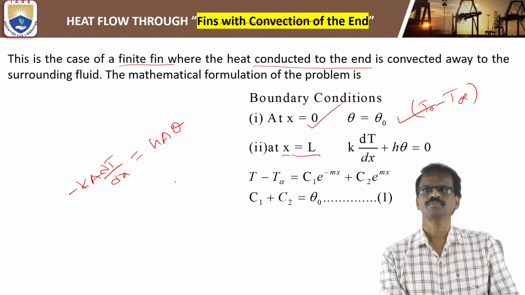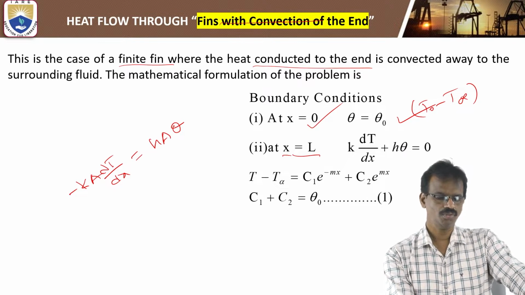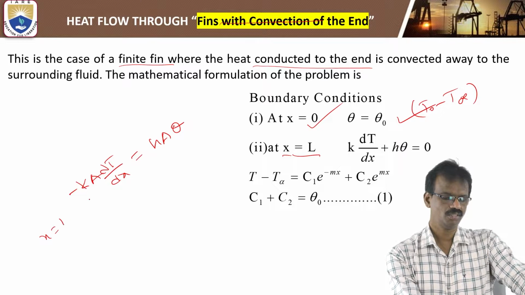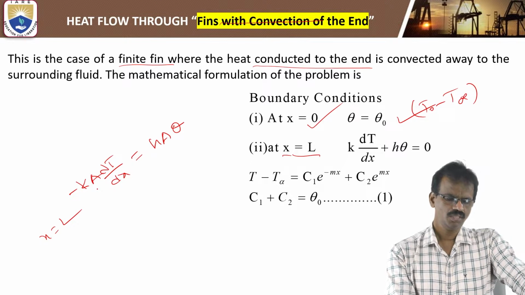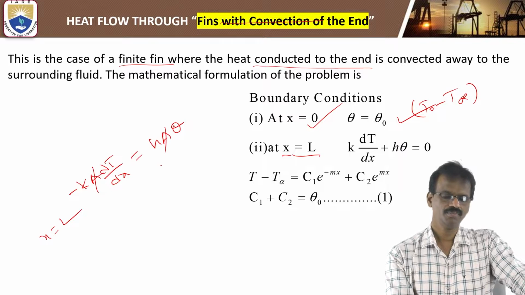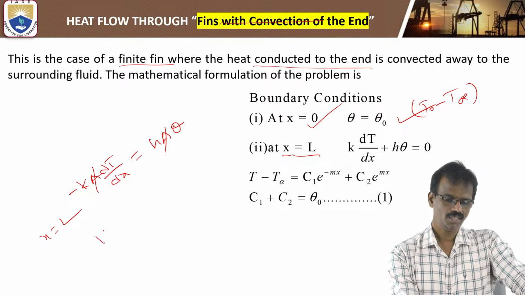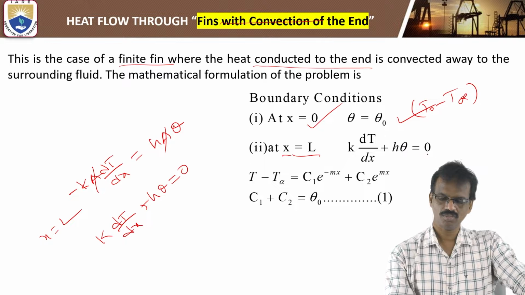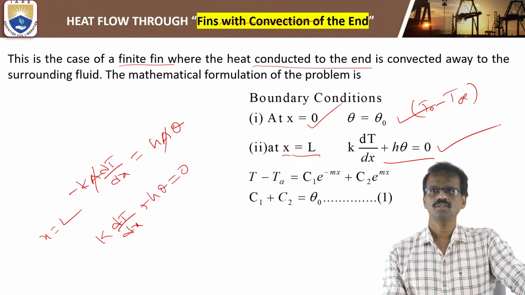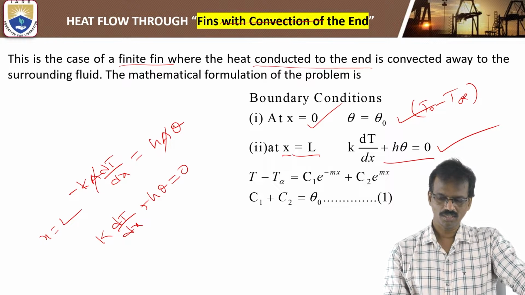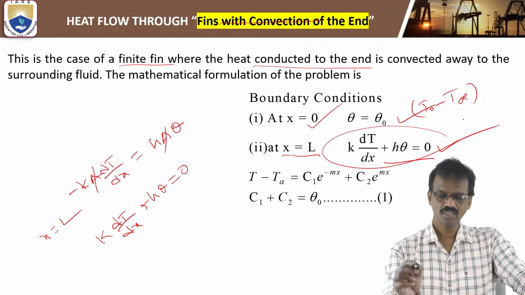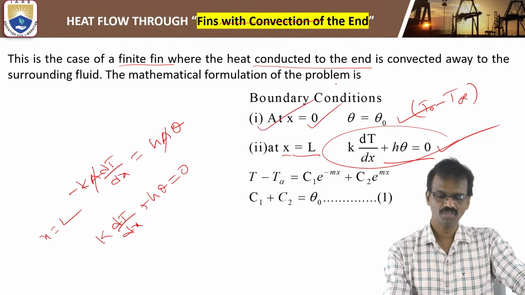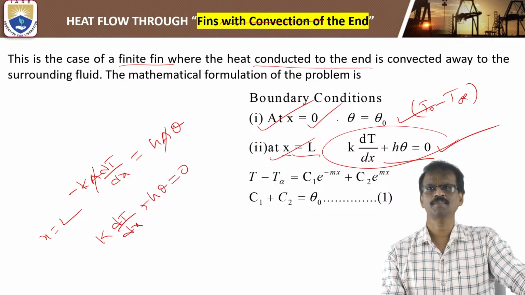Here the area will be cancelled. Then you can rewrite it as K d theta by dx plus h theta is equal to 0. This is the second boundary condition.